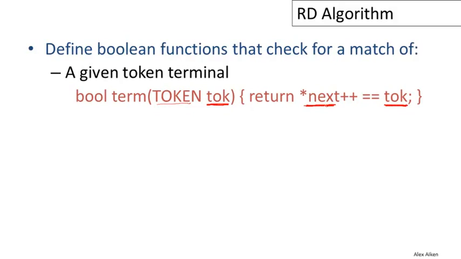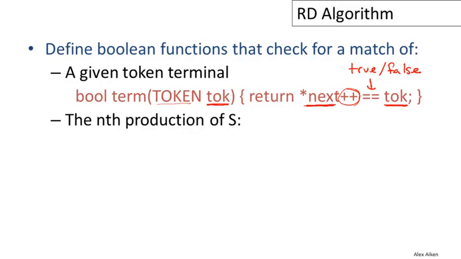So is TOK equal to the thing pointed to by next? And notice that as a side effect, we increment the next pointer. What's returned then is a Boolean, either true or false. So yes, the token that we passed in matches the input, or no, it doesn't. And again, just to stress this, notice that the next pointer is incremented regardless of whether the match succeeded or failed.